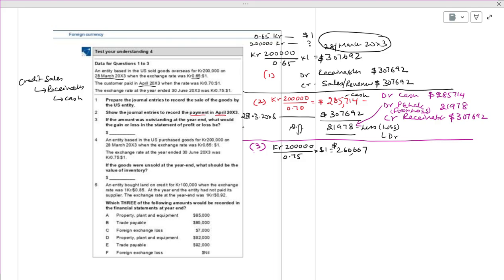We have to compare with 28th March 2003. What is the value? 307,692. On 30th June 2003, what is the value? 266,667. How much is the difference?